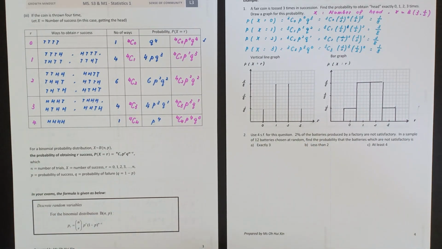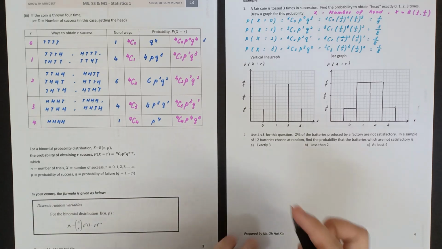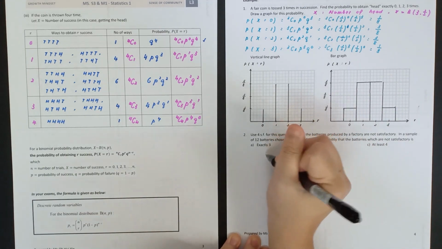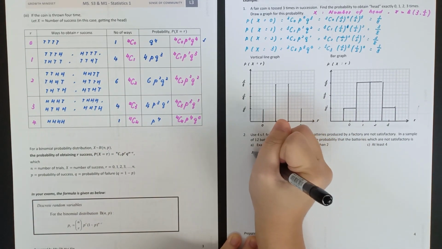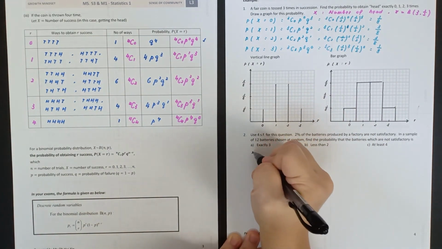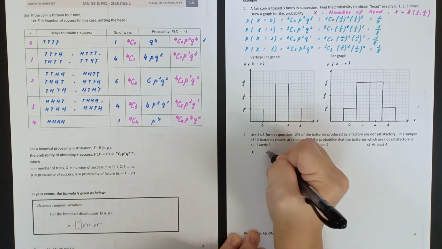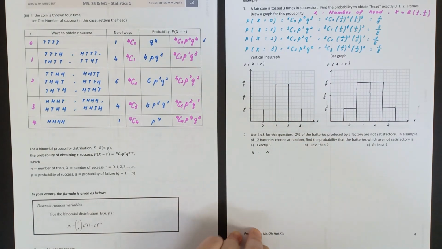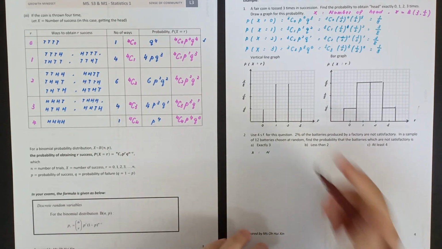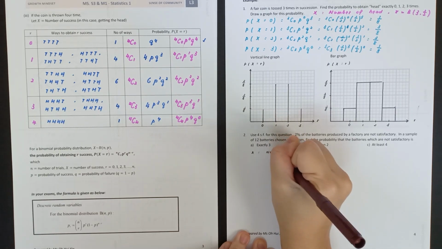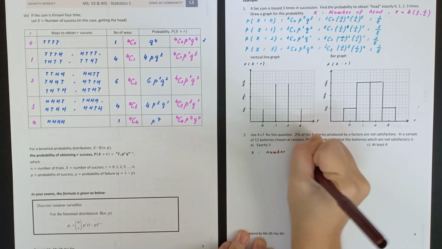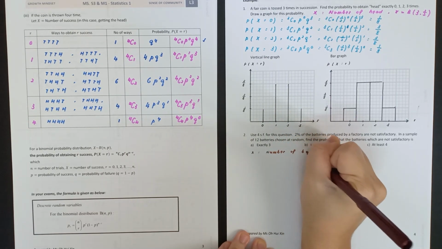So what we try to do is first define what our success is here. Normally we use x. So x is the number of batteries.